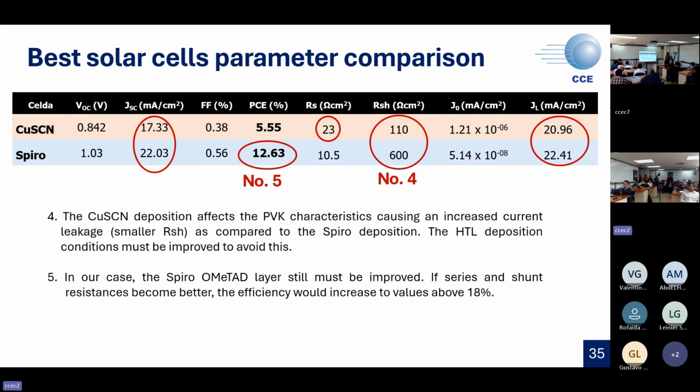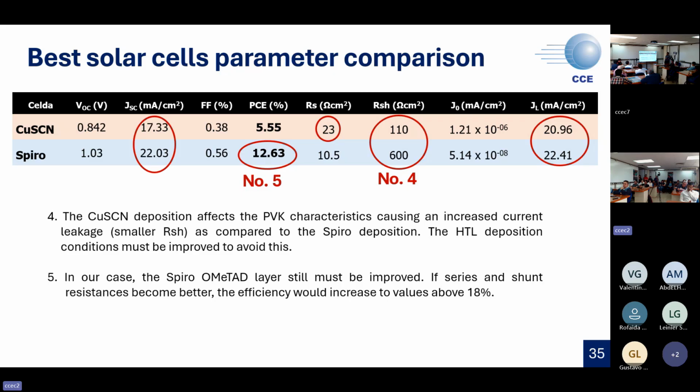And finally, in point number 4 and point number 5, the copper-tungsten atom deposition affects the perovskite characteristics, causing increased current leakage and smaller shunt resistance as compared with the spiro deposition. In general, the hole transport layer deposition must be improved to avoid this.